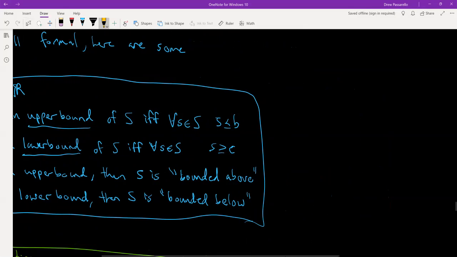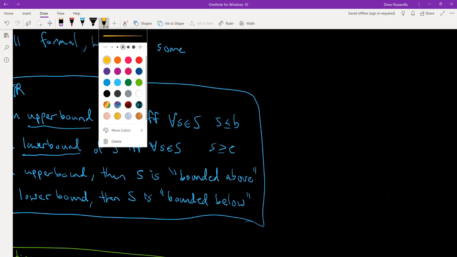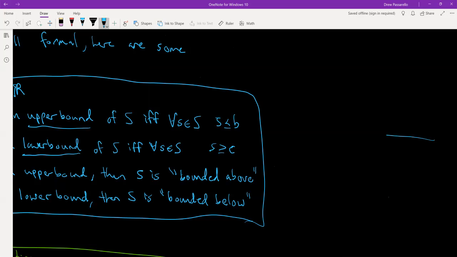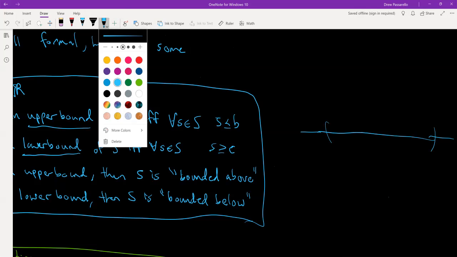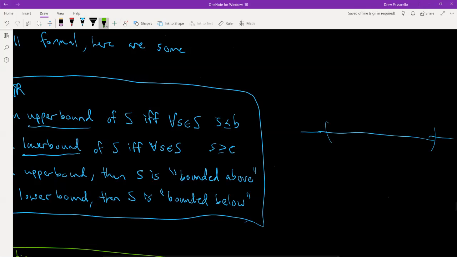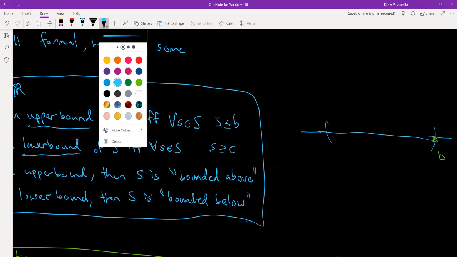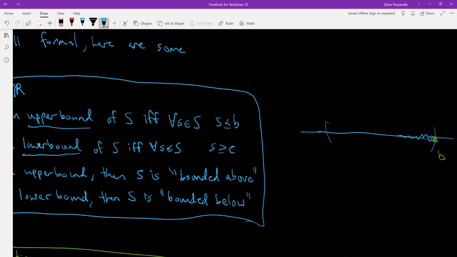And so if I have my set S, and let's say I have this, this would be like our B, and then everything in S, all of this.